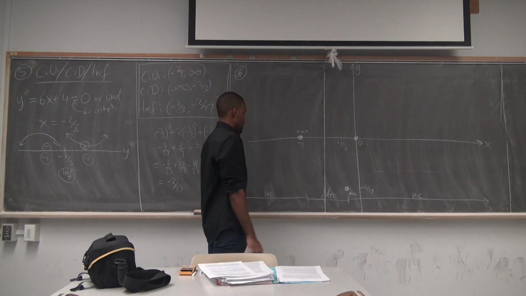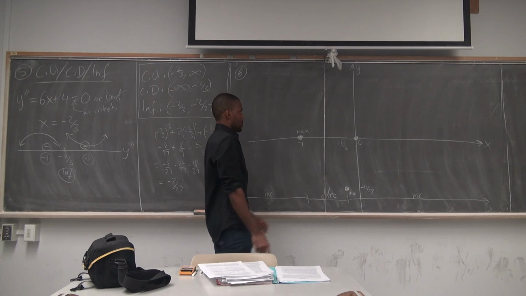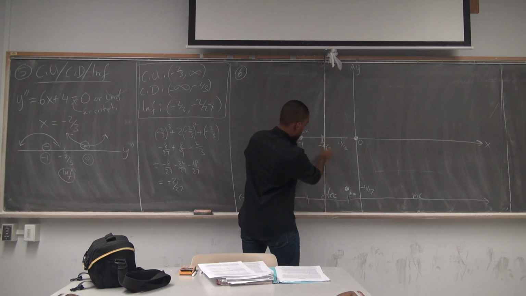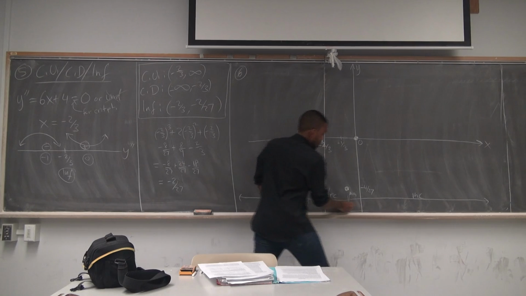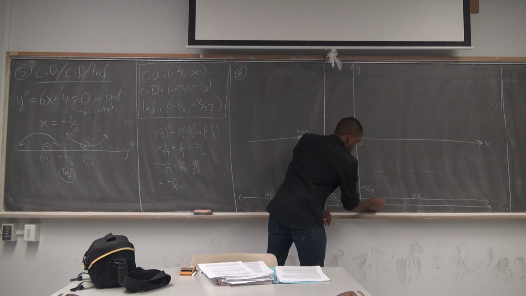Step 5, concavities. Where am I concave up? So from here, call it minus 2/3, from that point to infinity, I am concave up.